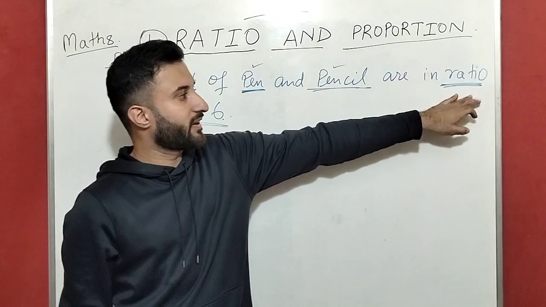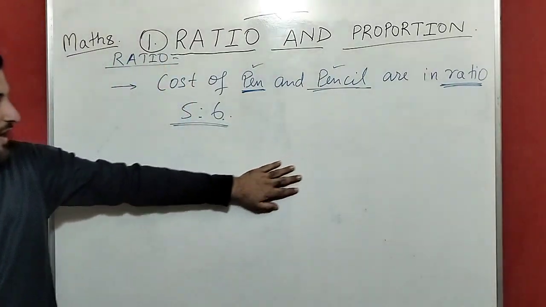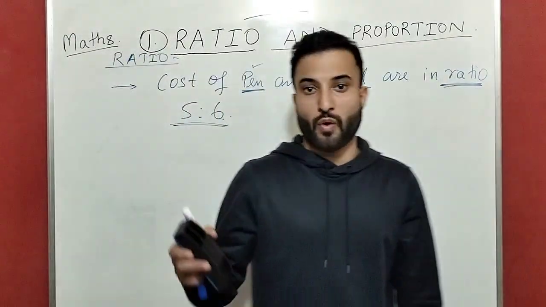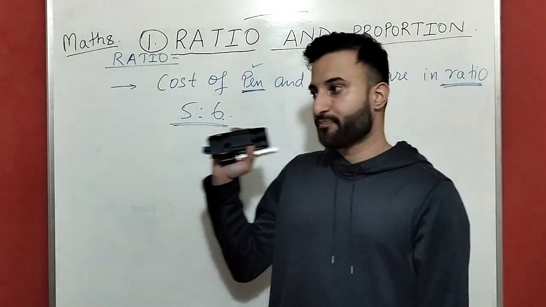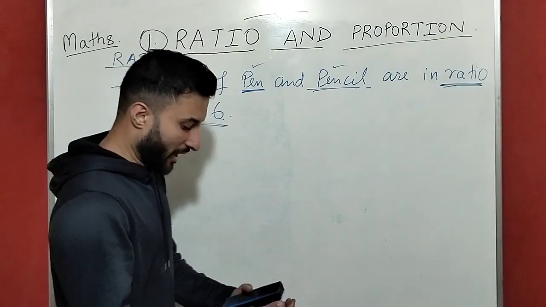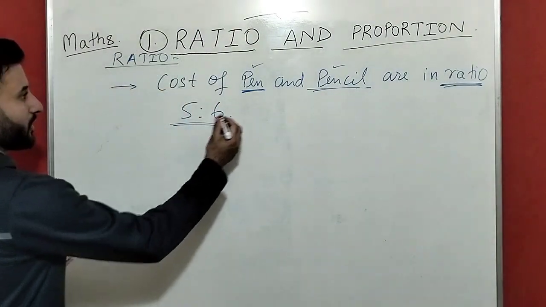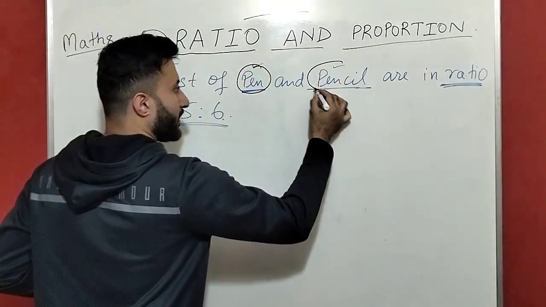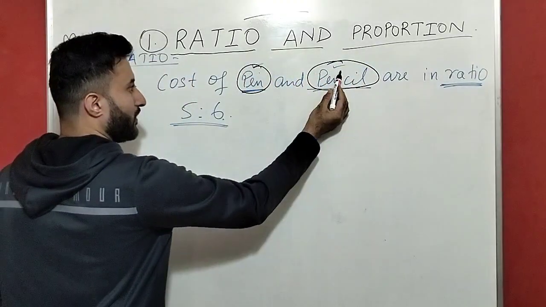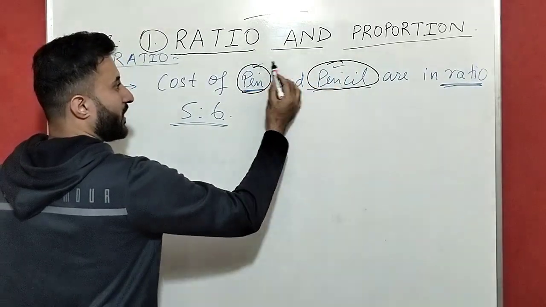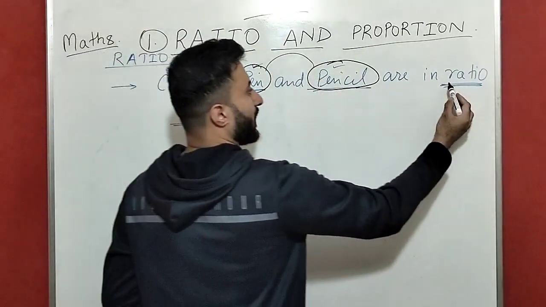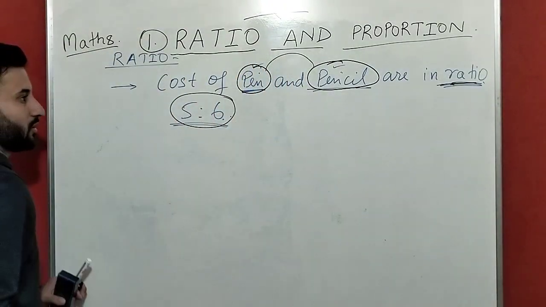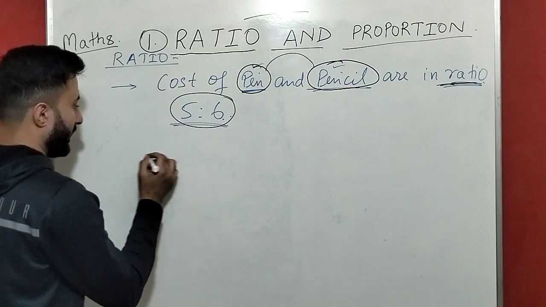and the two quantities are in the ratio 5:6, then how are we going to write these two quantities? Once again, if they have given the two quantities and these two quantities are in a ratio, how are you going to write them?